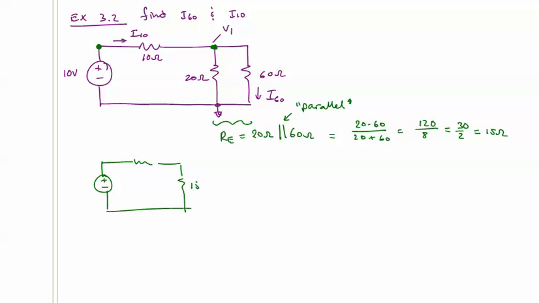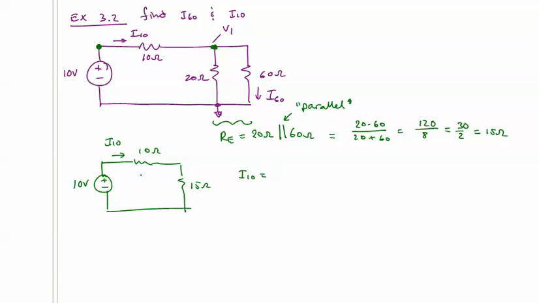This is 15 ohms. This is 10 ohms. And here is I-10. Now we cannot designate I-60 because it's buried inside the 15 ohms. However, we can find I-10. It is easily solved for.